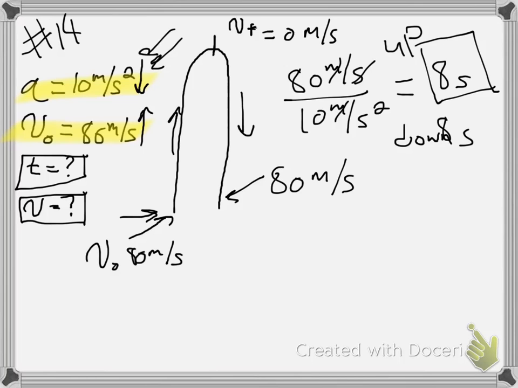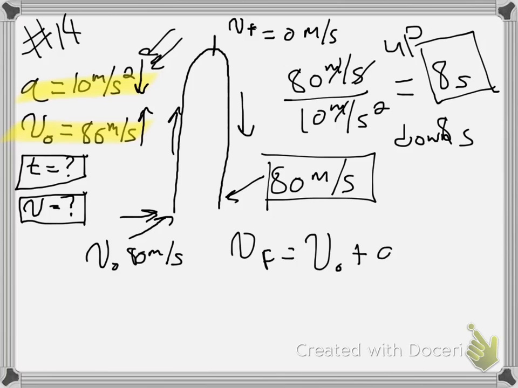You can also solve this using VF. This is on your sheet, on your quiz. VF equals V naught plus AT, with your final velocity being here and your initial velocity being here.